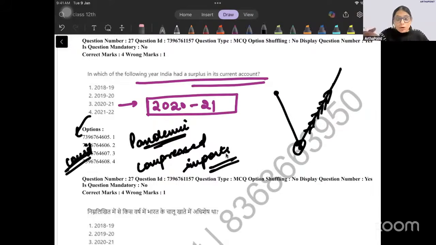Surplus इसलिए नहीं था because we did well in the exports. Surplus इसलिए था because we had compressed imports, right? So then in the period of 2021-22, when it was still the COVID era, but when we were recovering from that period, it is when वो जो surplus आया था, it became negative again. So the answer will be 2020-21, option number C. Okay, so let's go on to the next question.